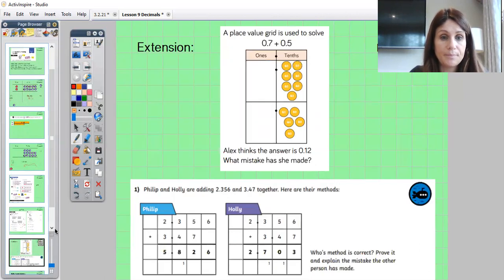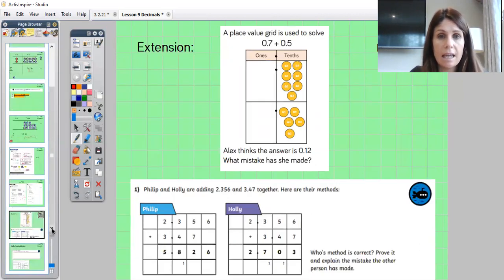Okay, so your extensions today then, you've got another activity where somebody has had a go at adding 2 decimals, but she's made a mistake. Alex has made a mistake, it's a female Alex, and what mistake has she made? So you need to explain what her mistake was there.